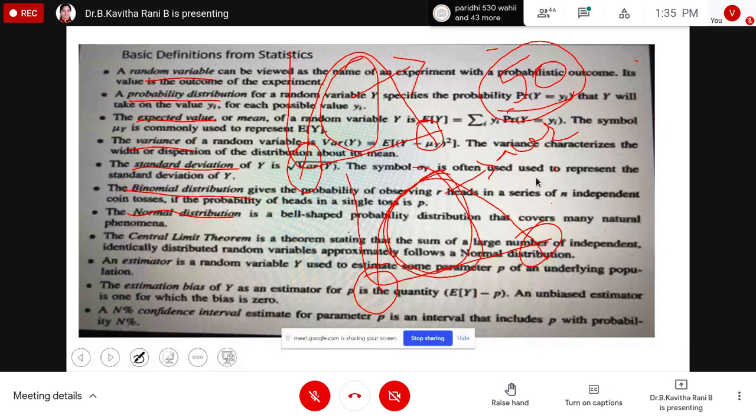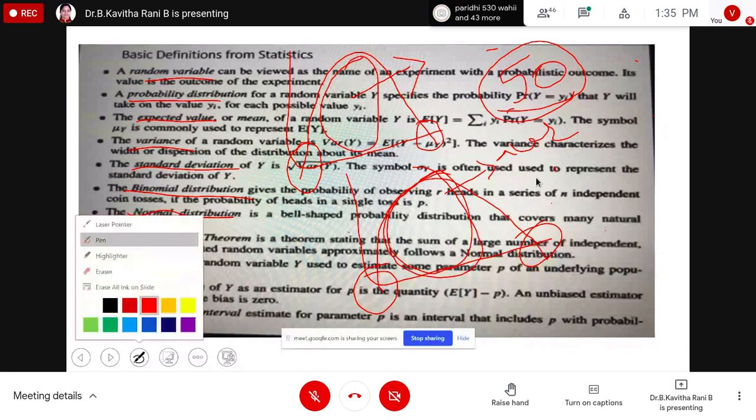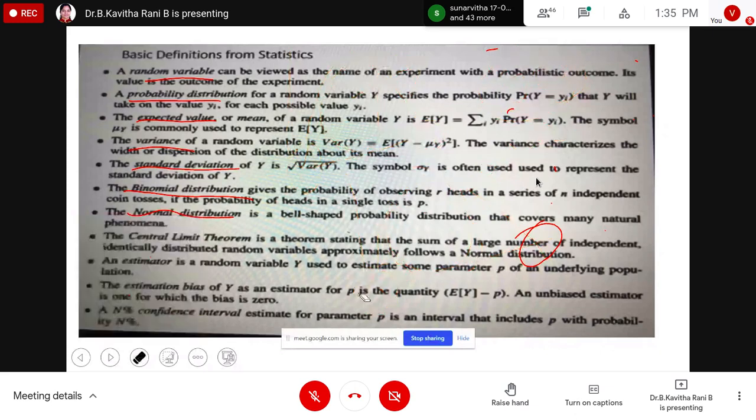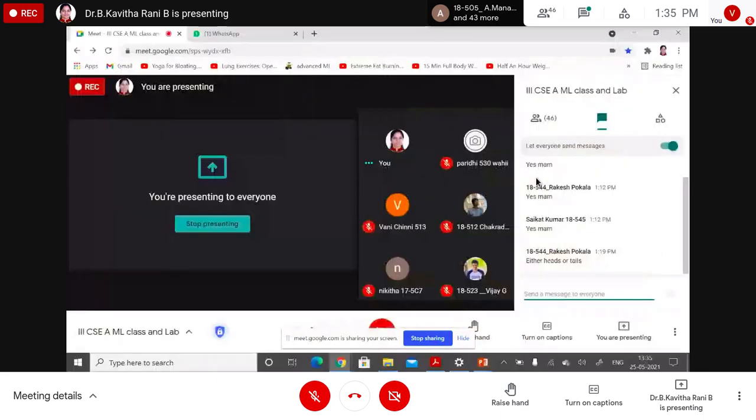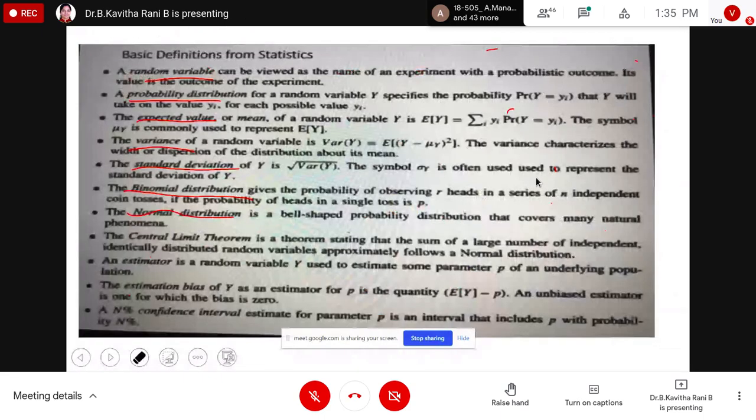Likewise, there are different types of examples. Whatever this particular distribution is, it is called normal distribution.